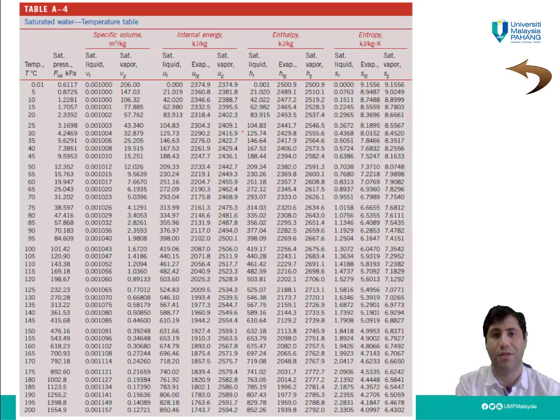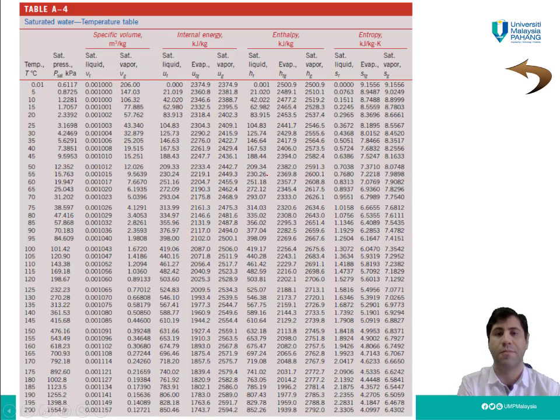However, you can find them in different thermodynamics textbooks. This table, for example, is one of those tables. And if you notice, these different tables include the temperature, then the saturated pressure, and different properties: specific volume, internal energy, enthalpy.